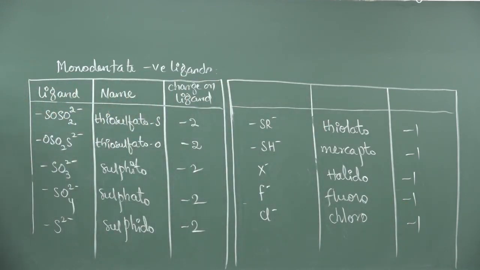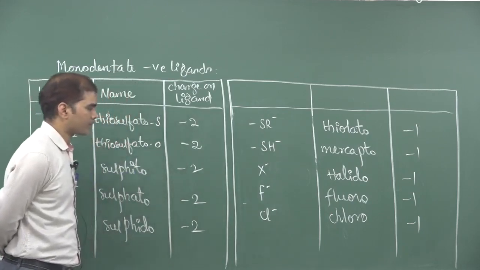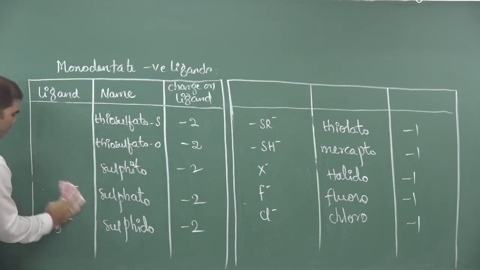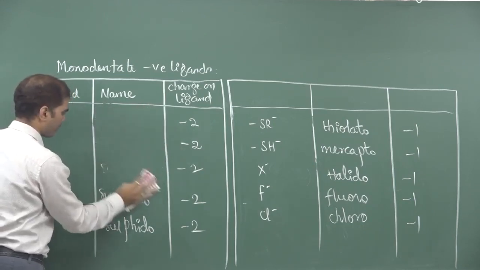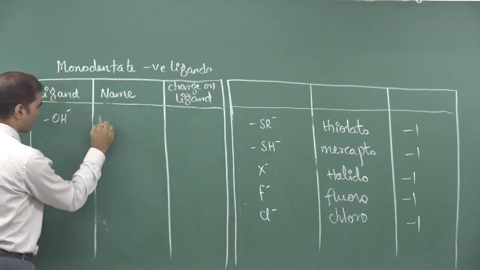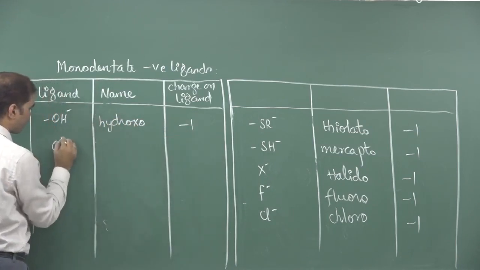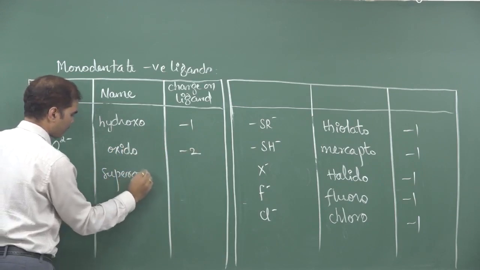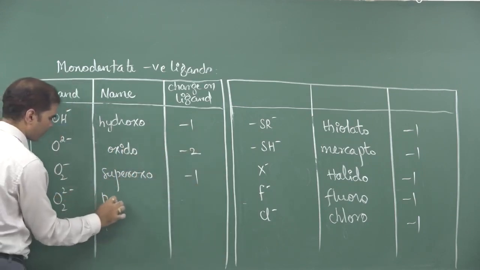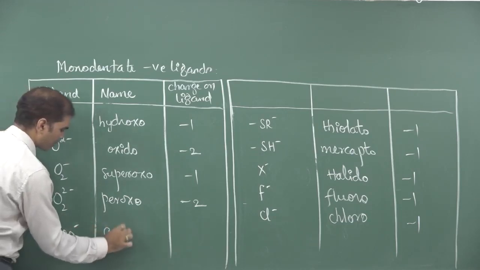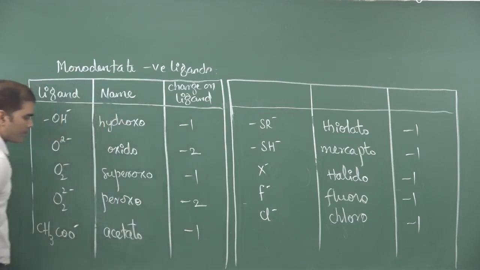Fluoro or fluorido, chloro or chlorido, bromido, iodido. Acetato. Last one is acetato, -1.